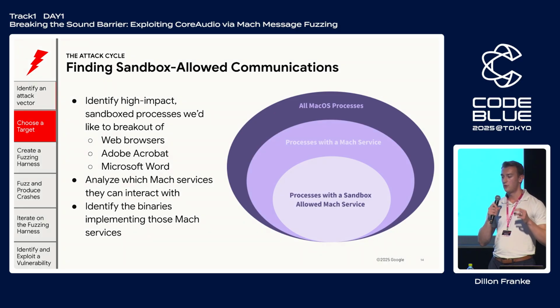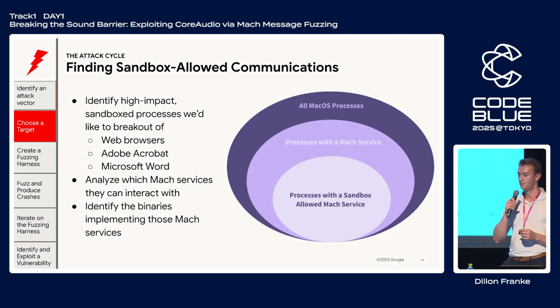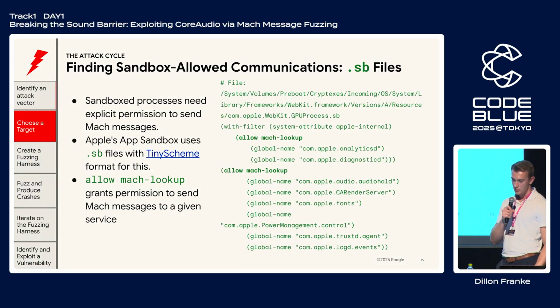So when we think about those browsers, once again, we'd like to break out of them. And to do that, we need to find a Mach service that is actually accessible from a sandboxed process like Chrome. To do that, we can look at these things called SB files on macOS.